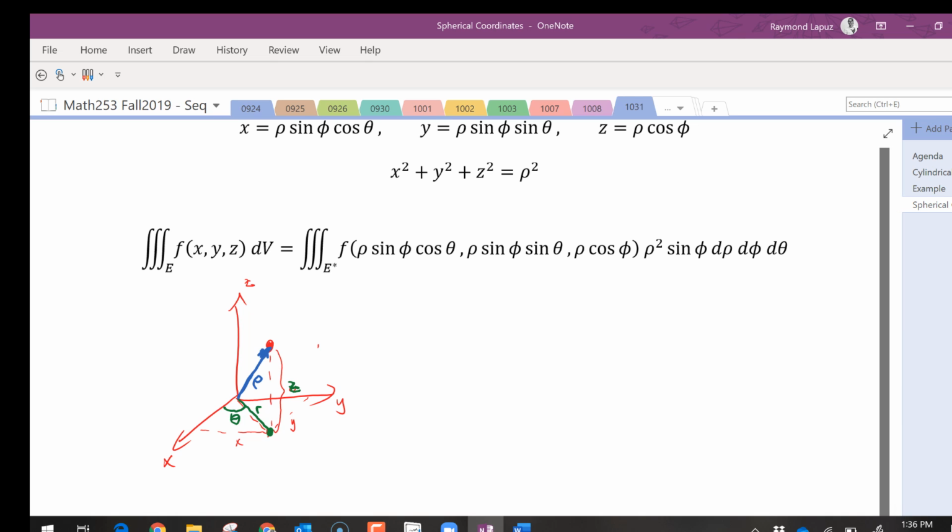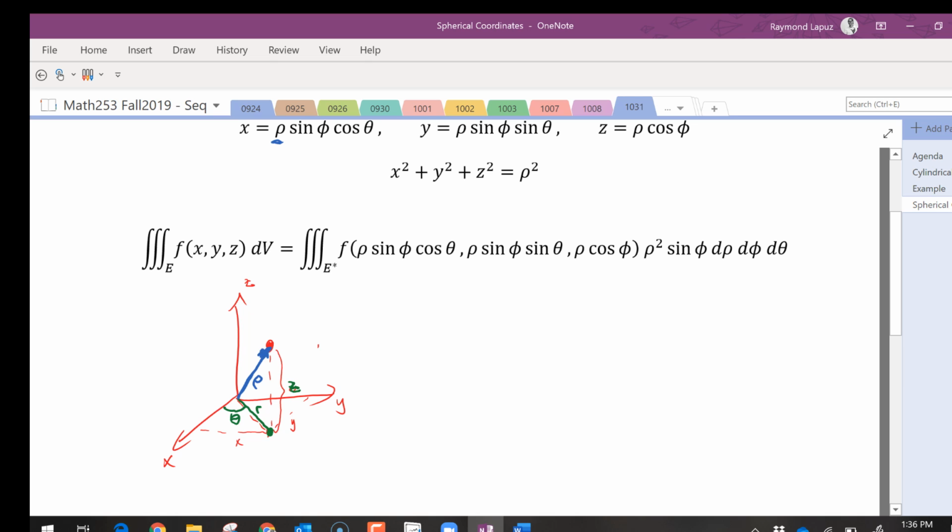So remember that r is a distance from the origin to the two-dimensional point, the shadow, and rho is a distance from the origin to the three-dimensional point itself. So that's what rho is going to be.